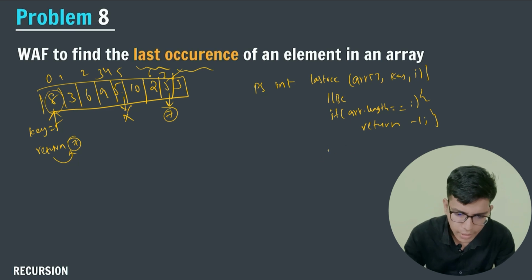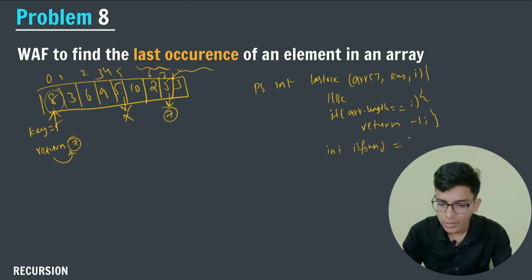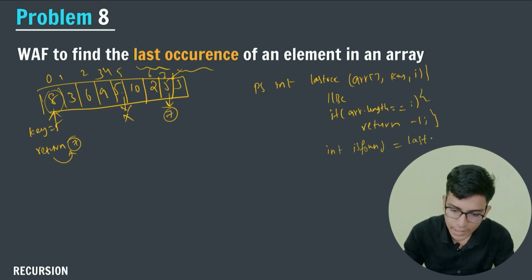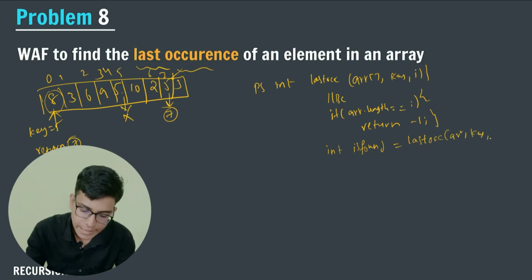After that I am going to create the isFound variable. So isFound will check for my rest of the array. So last occurrence, here I am going to pass arr, key, i plus 1, right?